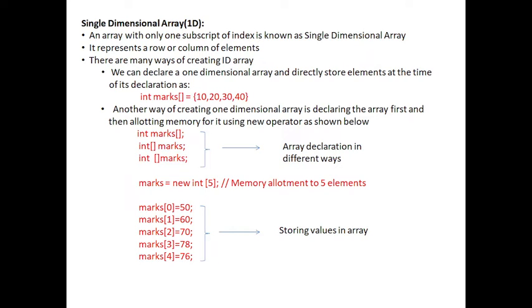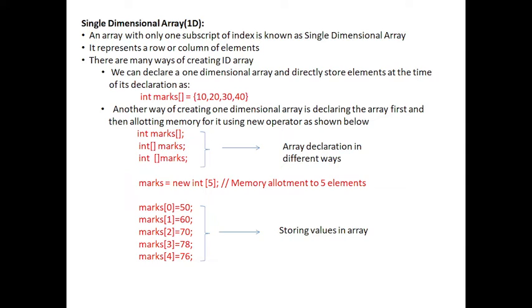Alright. Then how to declare, how to initialize the elements in the 1D array. How to create a 1D array, how to instantiate a 1D array, how to assign elements in the 1D array. That is what we are going to discuss now. The first one: what is a 1D array?